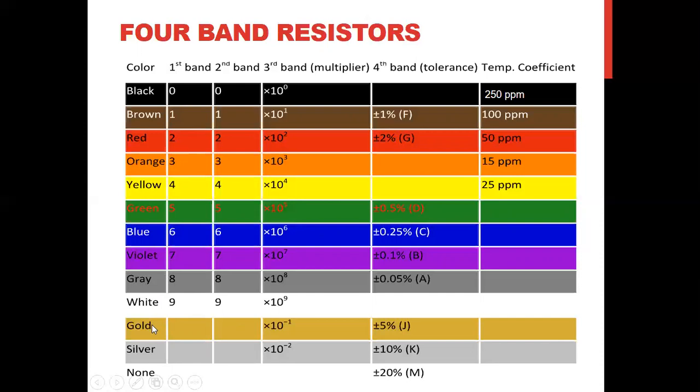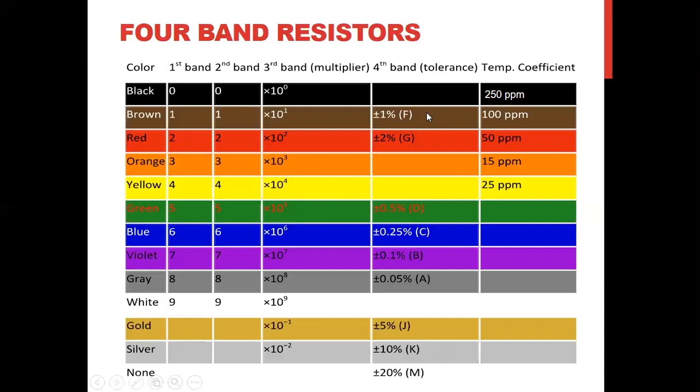But there are 3, gold, silver, and none. They don't have a value for the first and second band. This is the first band. This is the second band. This is the third band. The first band is the first digit of the resistor value. The second one is the second digit. The third one is the multiplier, 10 to the power, or we can say the number of zeros.